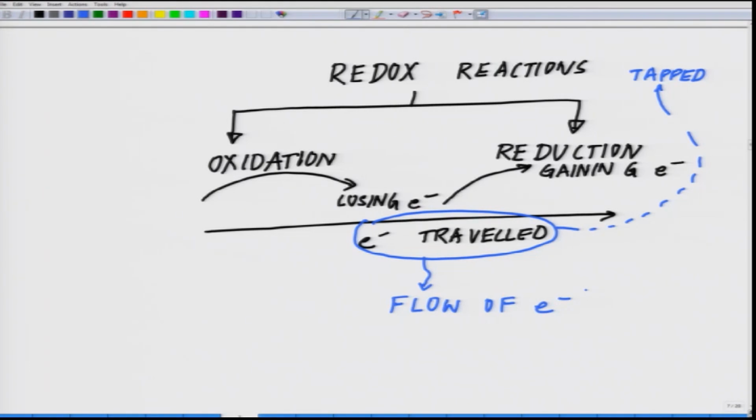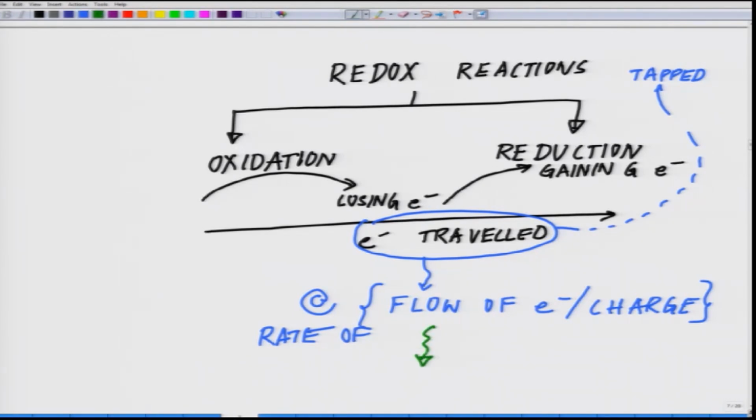If we introduce a term for the rate of flow of electron, that is your current. In other words, that is the quantity of charge flowing each second through a circuit.